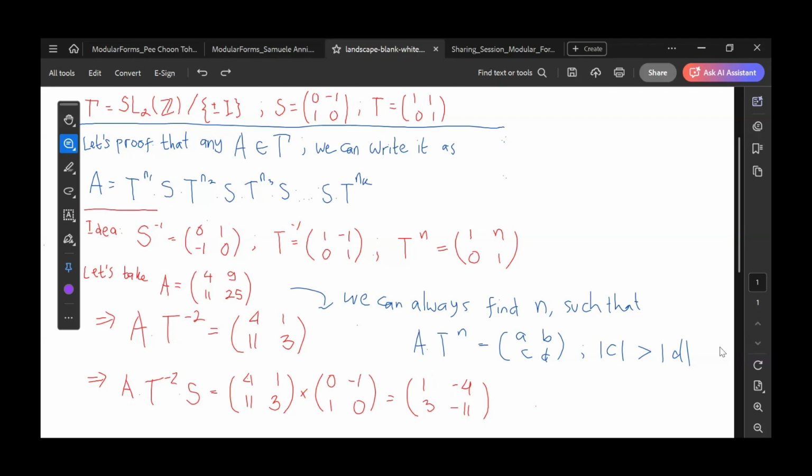So we can see again that what we have is we exchange the columns: the first column becomes the second column, and the second column becomes the first column, but the second column is multiplied by -1. So again, we can find some n.